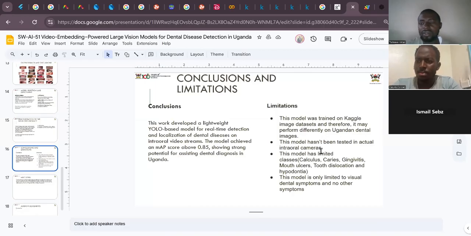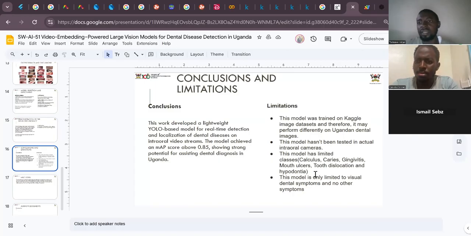It is also limited to the classes that we had, though we know in dentistry there are other classes or issues that may be available. Then it is also based on visual symptoms.